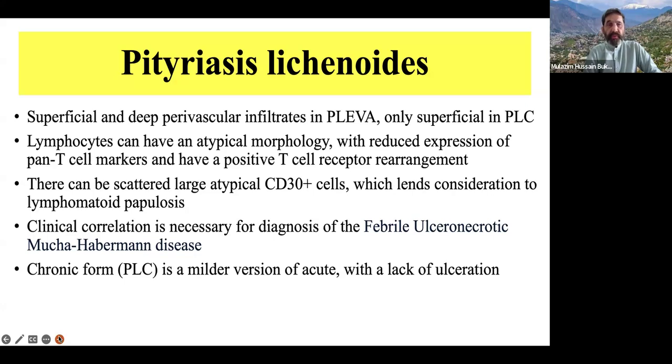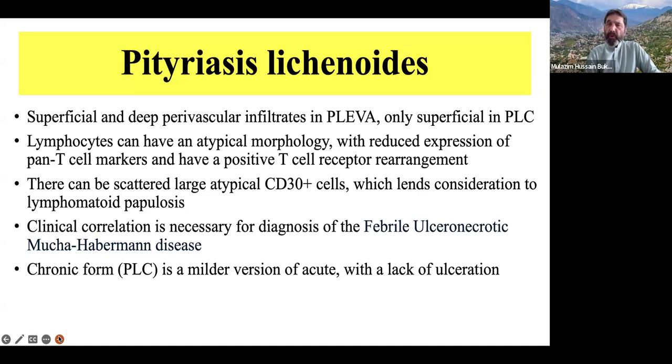while only superficial in the chronic phase. Lymphocytes can have atypical morphology, as I told you, but see whether the other lymphocytes are present singly in a lacuna or in a group of cells. Another note on mitosis: if mitosis is abundant, then the lymphocytes are malignant.